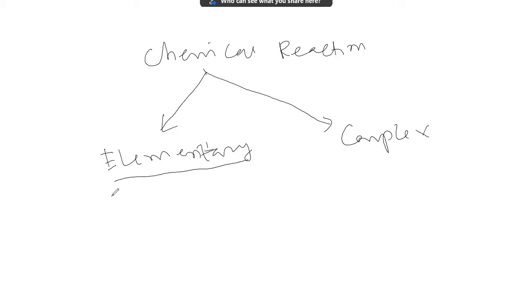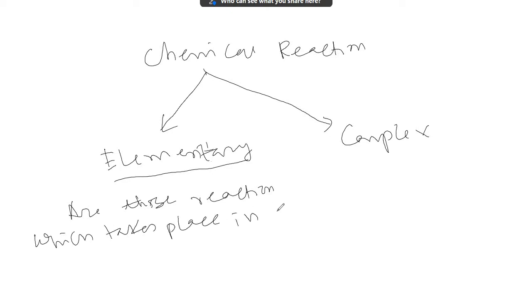Elementary reactions are those reactions which take place in one step. Suppose A is the reactant, B is the product. If A decomposes to give you B directly, it is an elementary reaction.